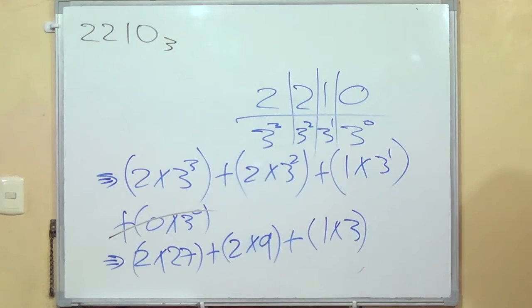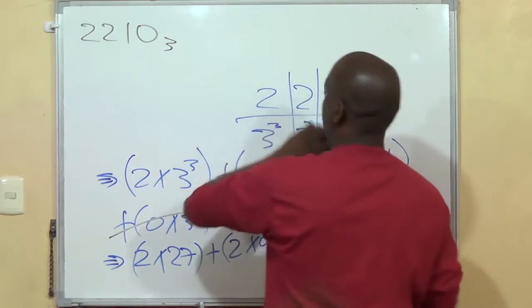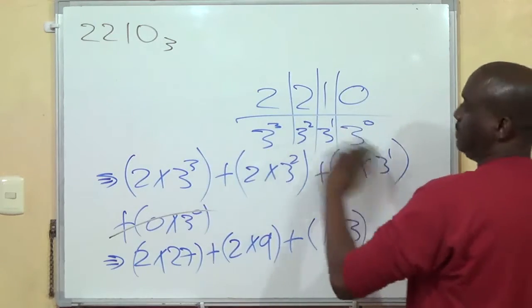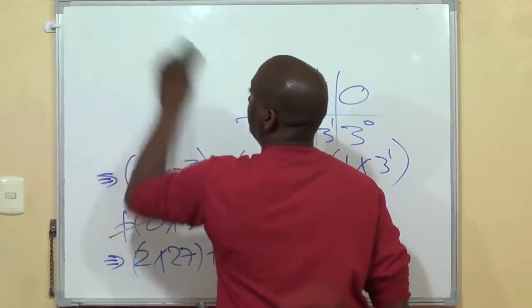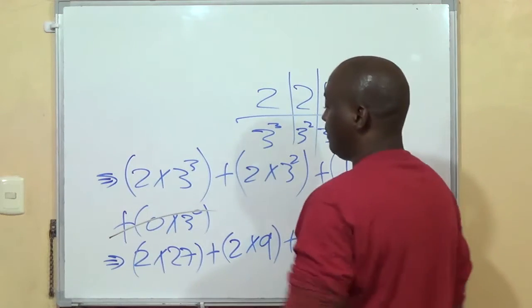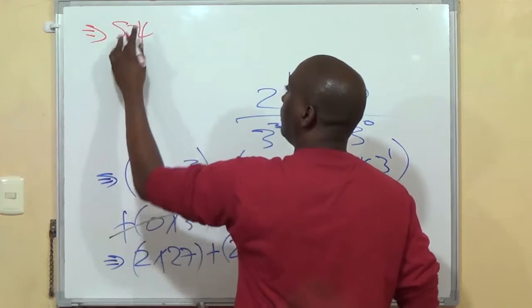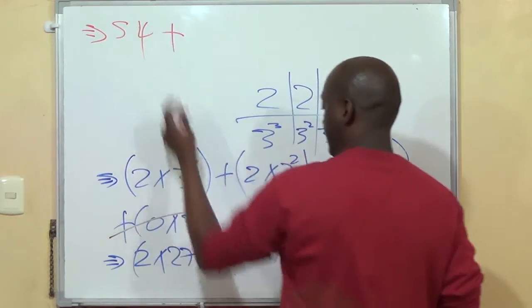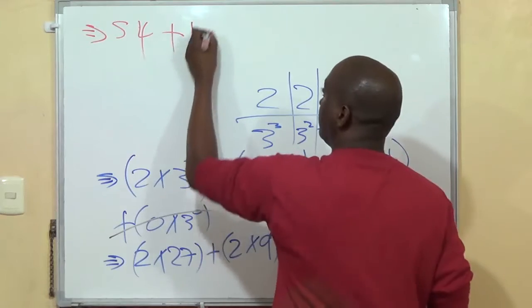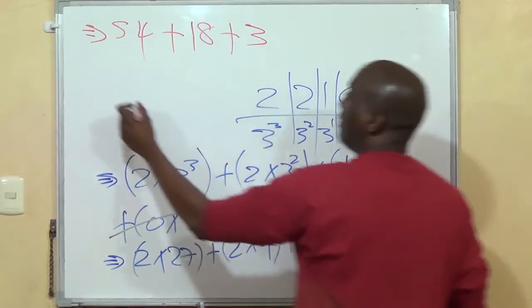Alright? And then we go to the top now and we steal some room here. Let me squeeze some space on top here. So we steal some space on top here and we get 2 by 27 is 54. Alright? Plus 2 by 9 is 18. Plus 1 by 3 is 3. Alright?